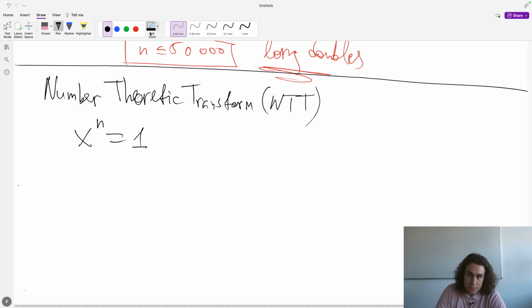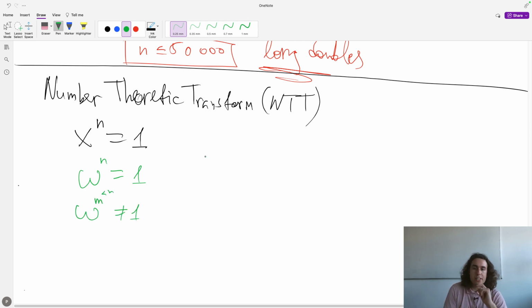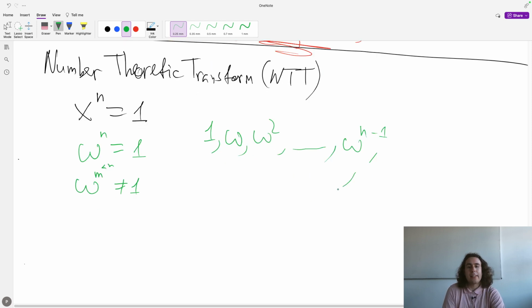But not only inside complex numbers is this equation solvable. Basically what we need is some value omega such that omega to the power of n is 1, but to any smaller power m smaller than n, it's not equal to 1. So we have this rotation 1, omega, omega squared, and so on, omega to the power of n minus 1. And then if we again multiply by omega, they wrap around.